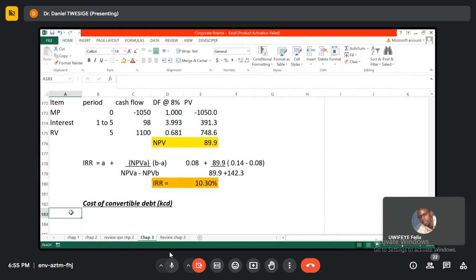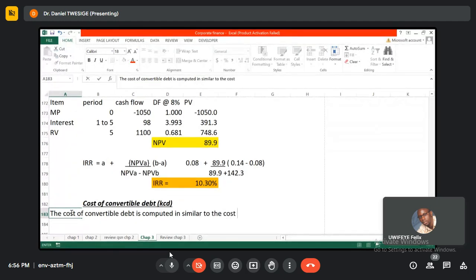So the cost of a convertible debt is computed in similar ways to the cost of redeemable.